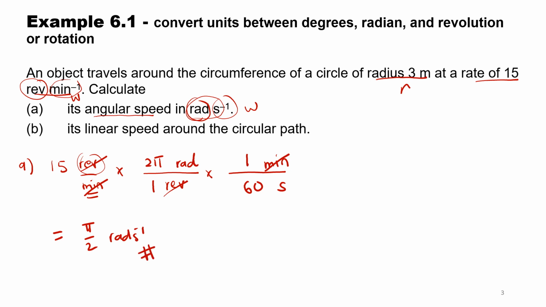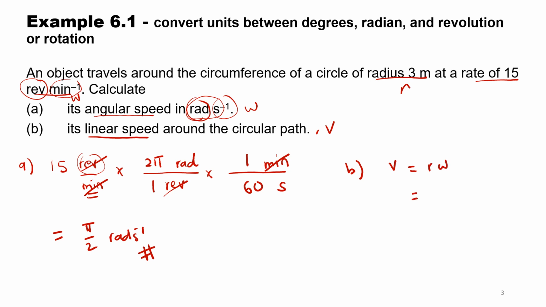Okay, next question B. Calculate its linear speed around the circular path. So linear speed, the symbol is V. As we know, the relationship between the linear speed and the angular speed is V is equal to R omega.